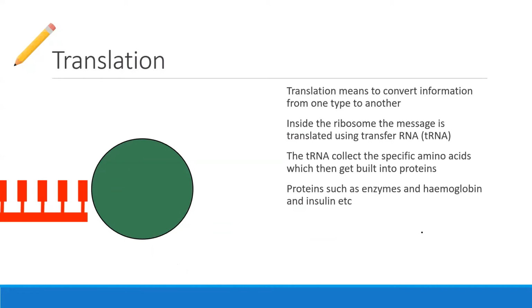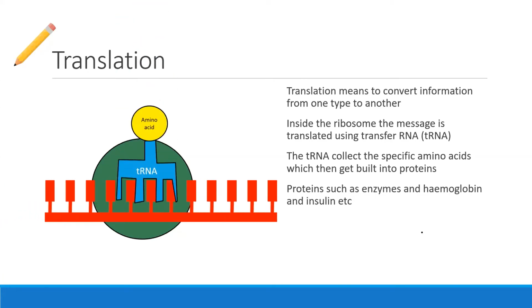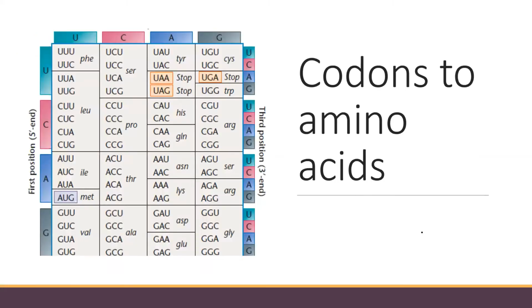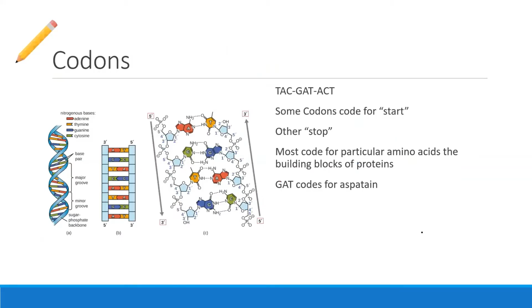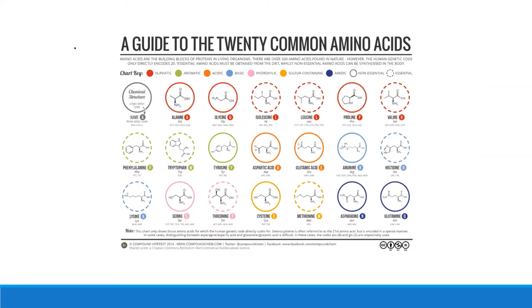It takes this messenger RNA and reads the message, and as it reads the message, it strings together amino acids to make a protein. Certain codes come together, and those codes tell us which amino acids are going to be put on. For example, we can look at UUU at the top. That's going to make the amino acid PHE, or we can look up what that is on this page here.